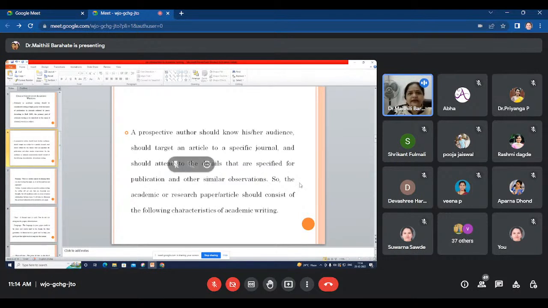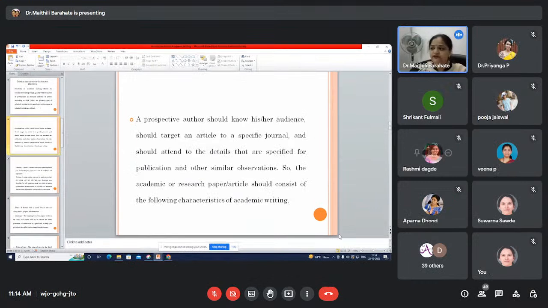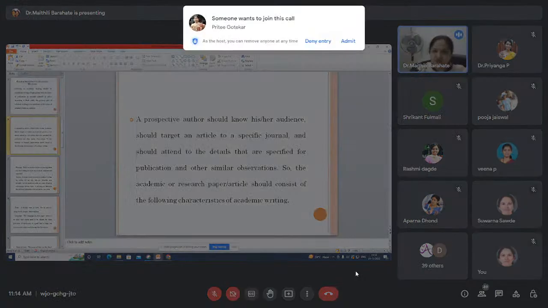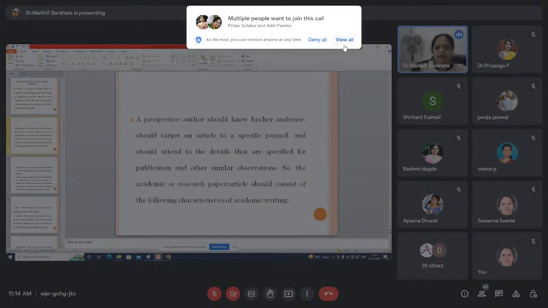So it is basically like writing the SAR for NBA. You all are aware of it. Then correspondence while sending proposals, writing proposals, writing manuals. Generally the teachers don't do it, but we do write proposals.